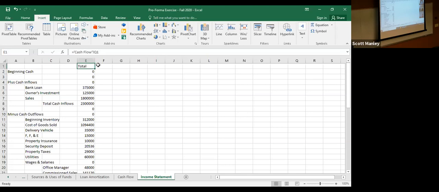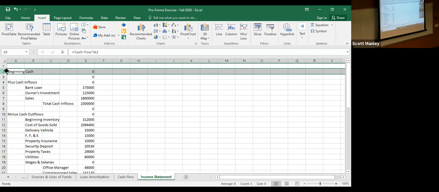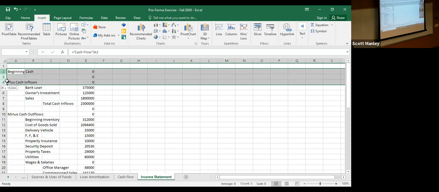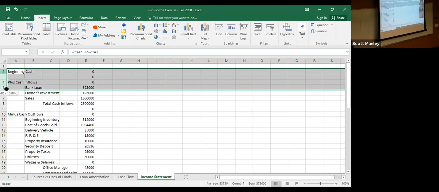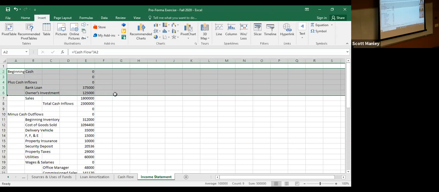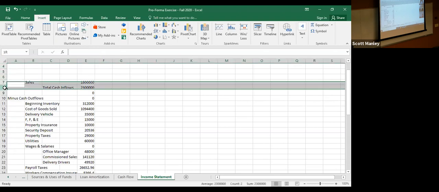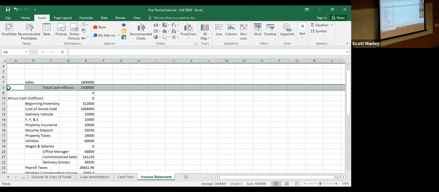Do we have a total column? No. Do we have the term cash? No. Do we have the term plus cash inflows? No. Do we have bank loan or owner's investment? No. So all of those things get to disappear. Total cash inflows, does that include the word cash? So it disappears, right?